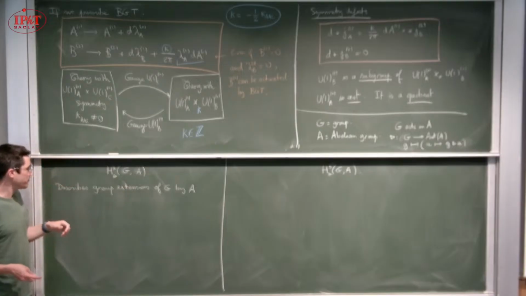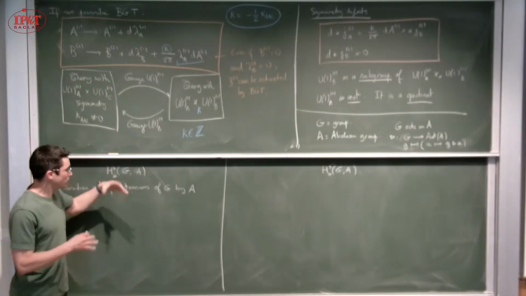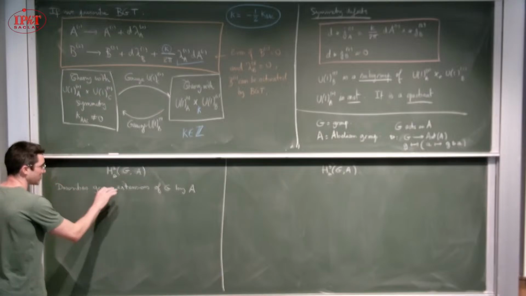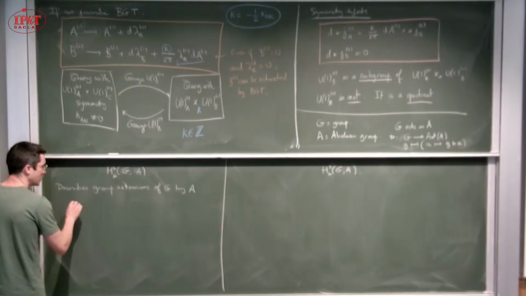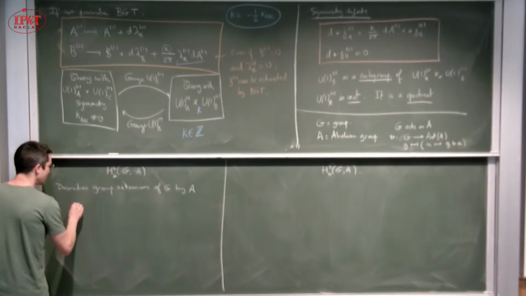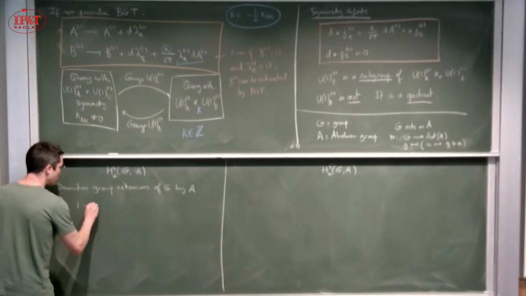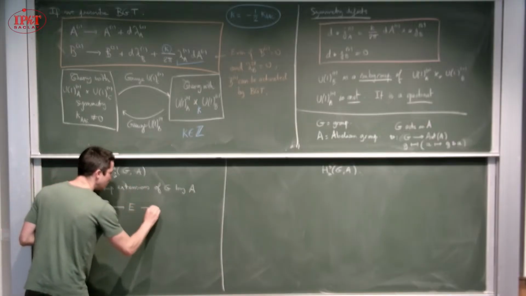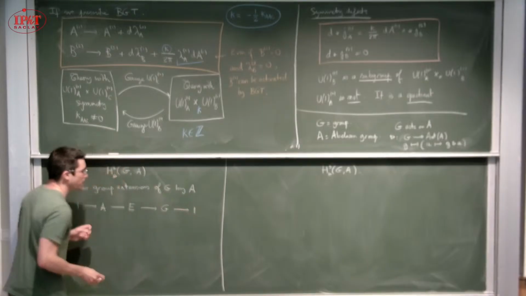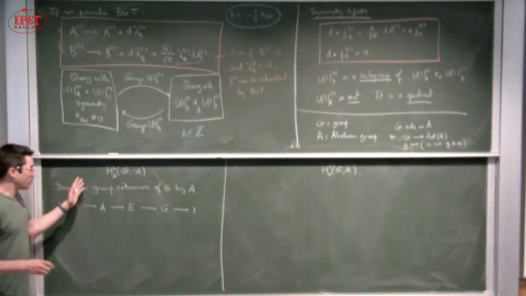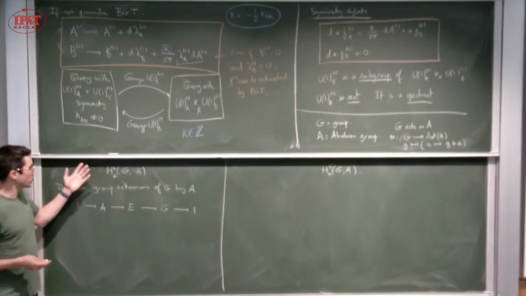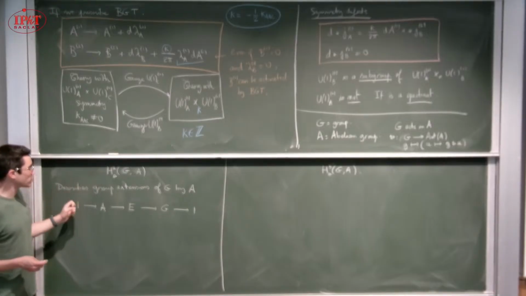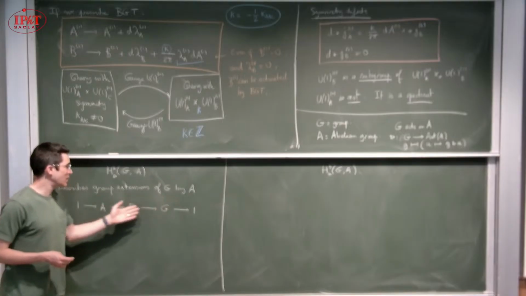Okay, and now the algebraic way of saying those things is that group extensions are described by exact sequences. So you have one, the trivial group, and you have your abelian group, the extension, let's call it E, and then G. Why is H2 describing the equivalence classes of such things?